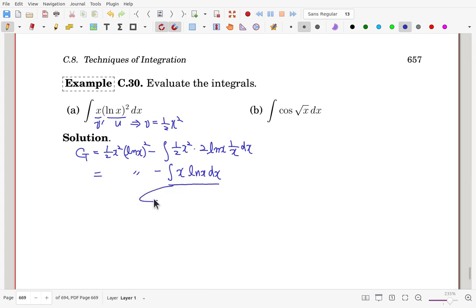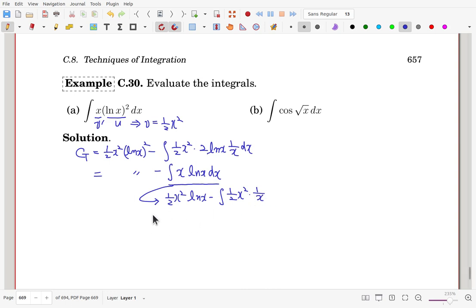Now that is integrable easily. So that is half x squared and logarithm x, minus the integral of half x squared, and the derivative for that term is 1 over x.